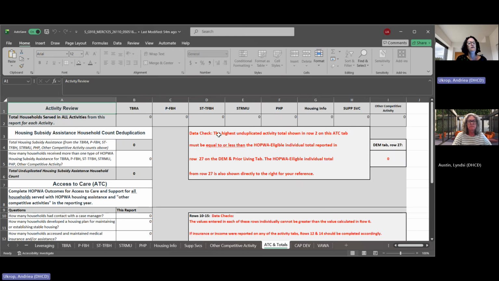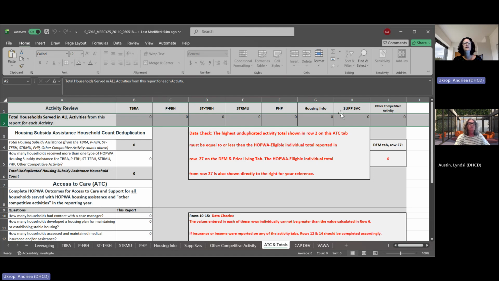So at the top here, in row 1, these are the activities that you have completed tabs for. And in row 2, these are all pre-populated based on the information provided on those corresponding tabs.